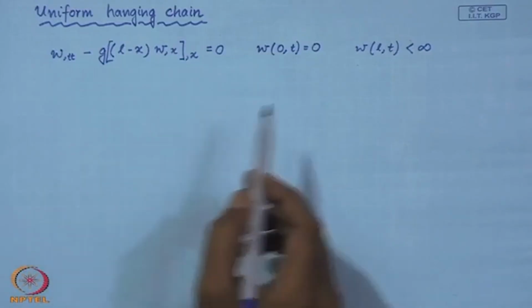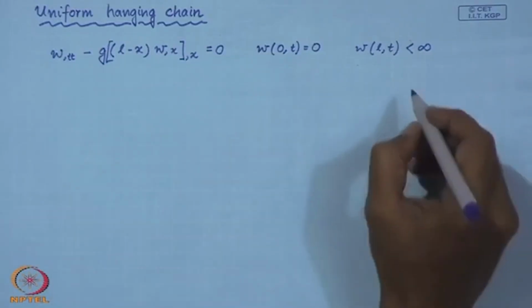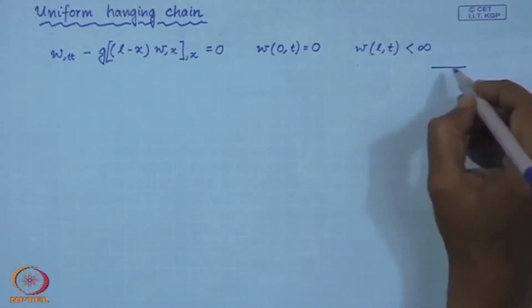So, this is the equation of motion, and this is the boundary condition at the fixed end.